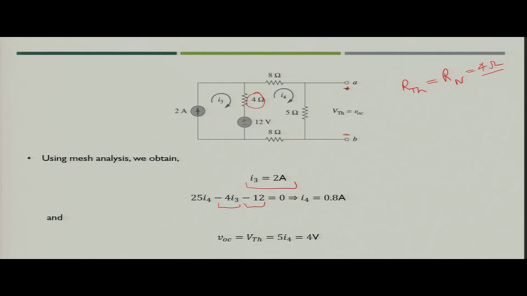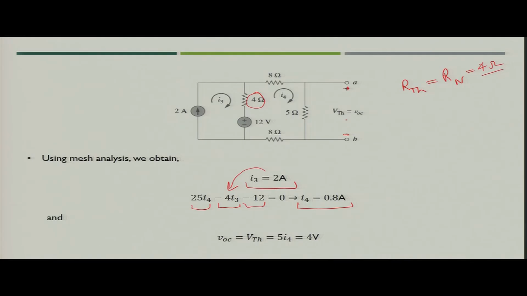So, you will get minus 4 I3 as a component, and then you sum up all the resistances multiplied by I4. So, you get 25 I4. For this mesh you have developed the equation 25 I4 minus 4 I3 minus 12 equal to 0, and since you know the value of I3, you put it here and you will get I4 as 0.8 ampere.